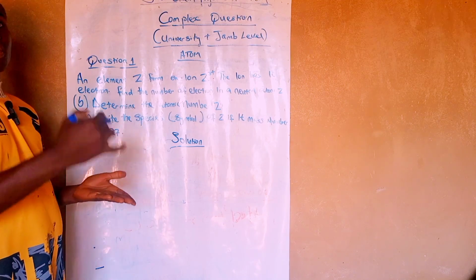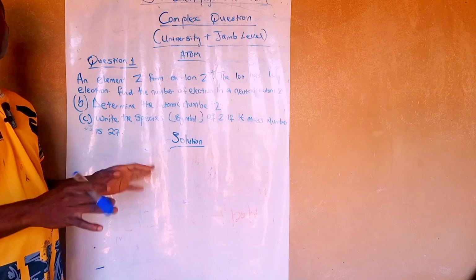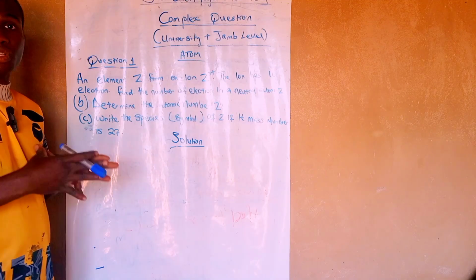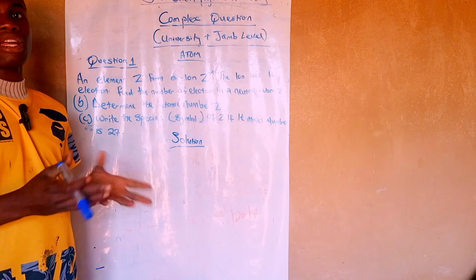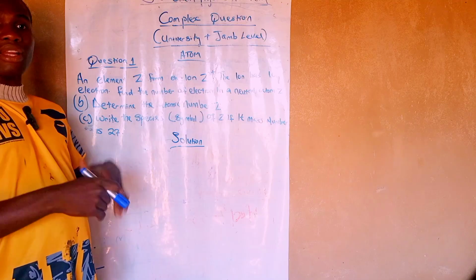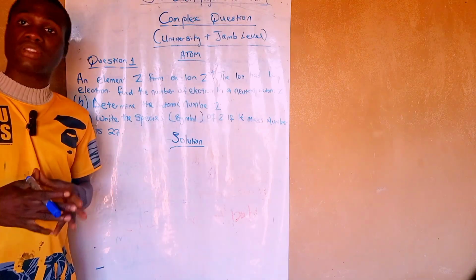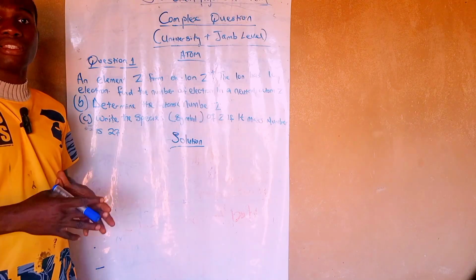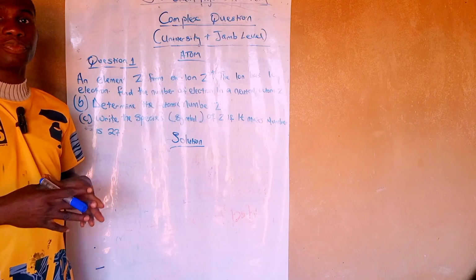But whenever an atom gains an electron, the atom will become negatively charged, which is an anion. But when it loses an electron, it will become positively charged, which is a cation.